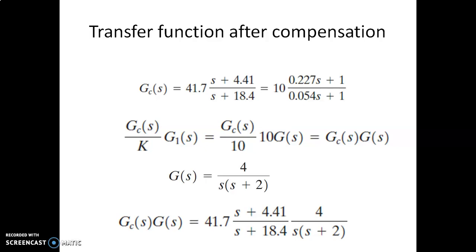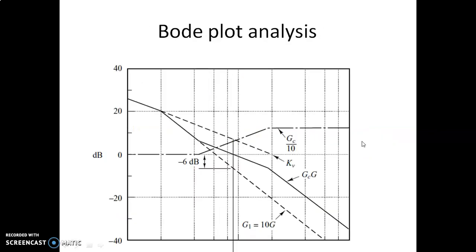Now what we'll plot is the Bode plot for GC by 10 and 10 into G, and the product of these two will give the compensation of the entire network in terms of phase lead compensation. You can see this is the magnitude plot. The dotted line starting from here corresponds to G1, which is 10 into G, and this is the phase lead compensation network.